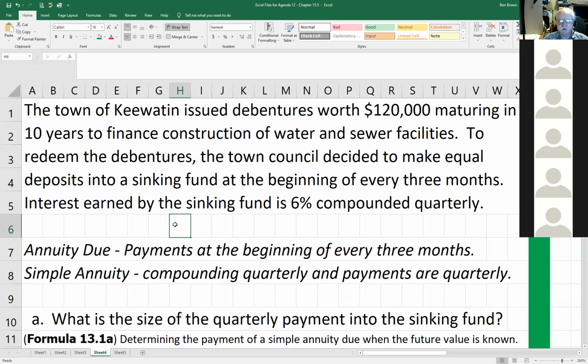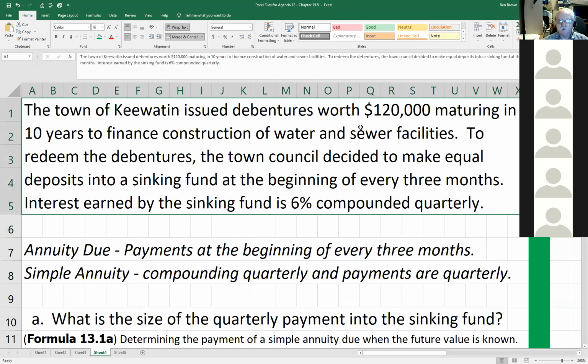Interest earned by the sinking fund is 6% compounded quarterly. So we're not worried about the rate of interest they're paying on the debentures here. We're only worried about the fact that the sinking fund is earning 6%.